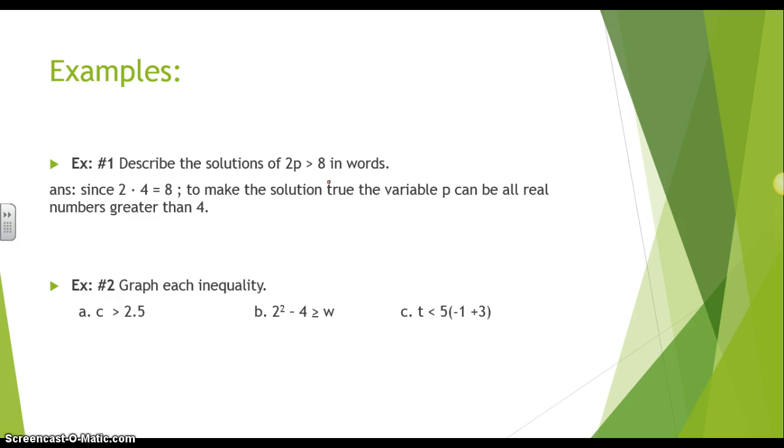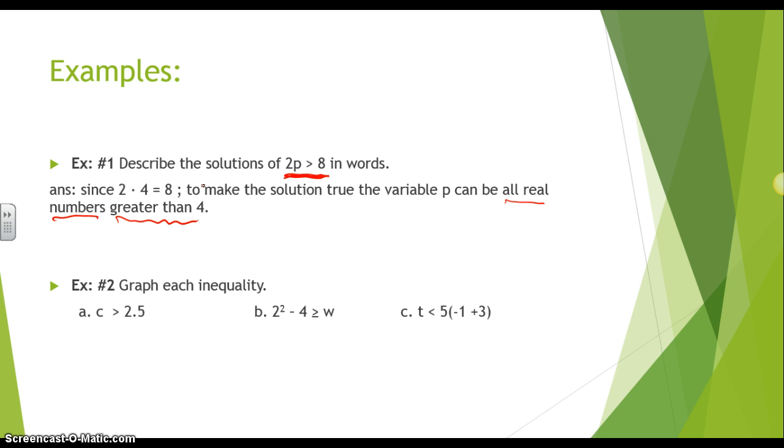So the answer is, since 2 times 4 equals 8, to make 2p greater than 8 true, the variable p can be all real numbers that are greater than 4. Remember, all real numbers can be any number, whole number, fraction, decimal, that is greater than 4.